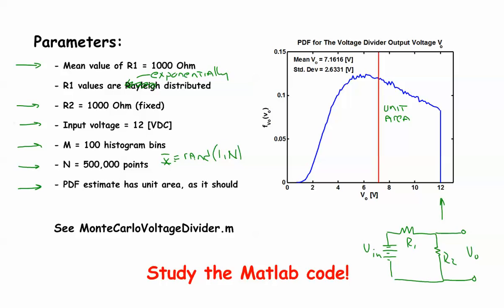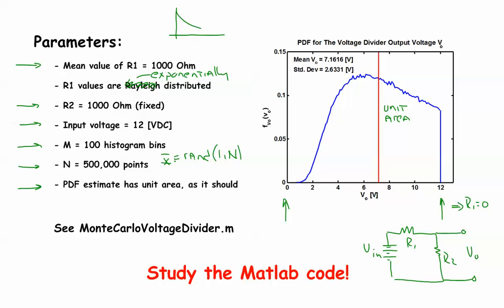When R1 is 0, my output voltage is exactly 12 volts. As R1 gets larger and larger and approaches infinity with that long exponential tail, the voltage smoothly approaches 0.